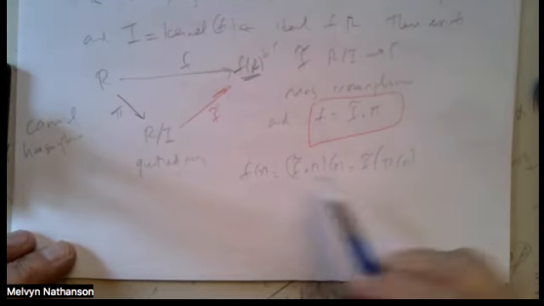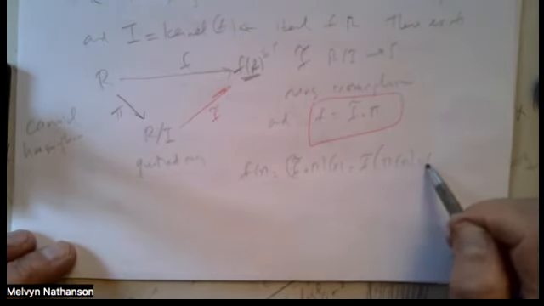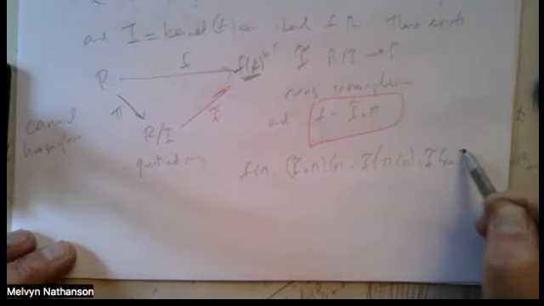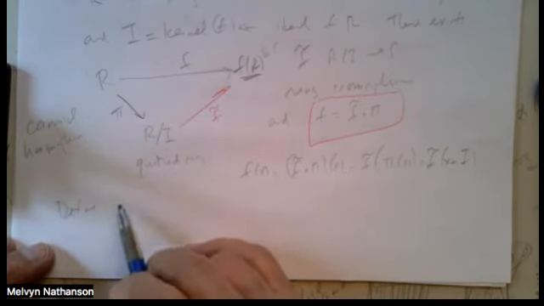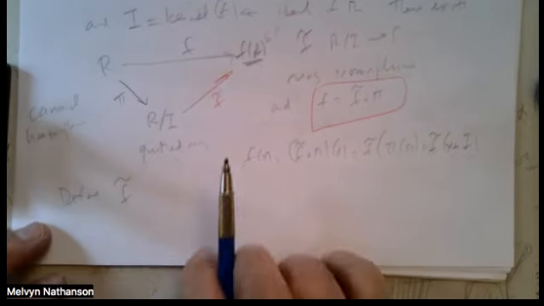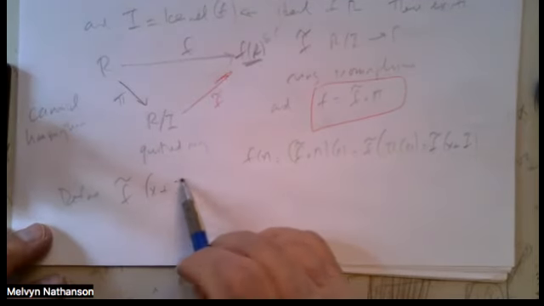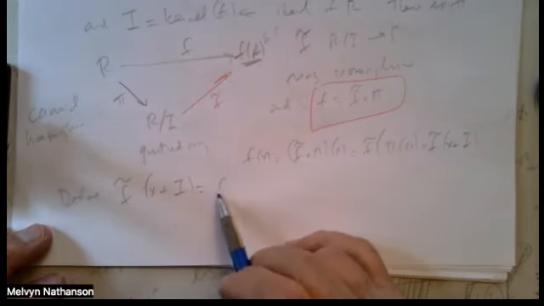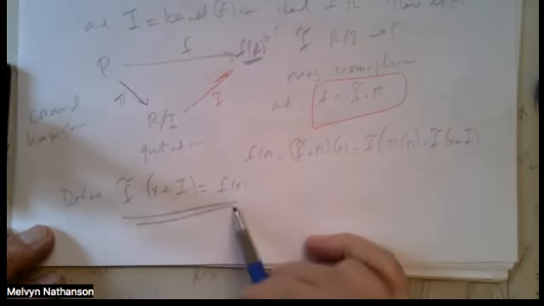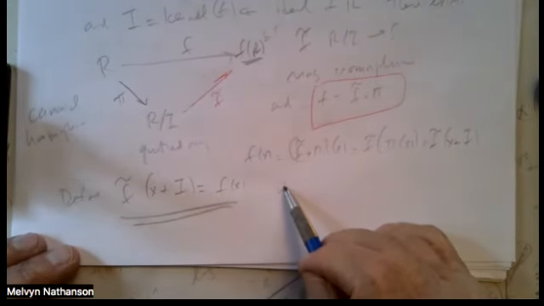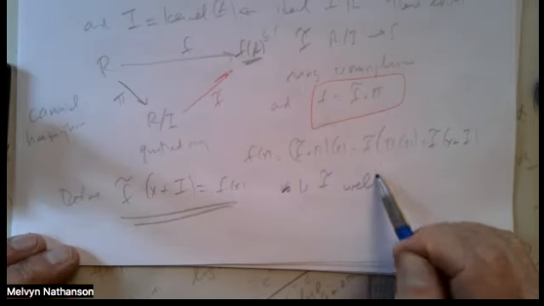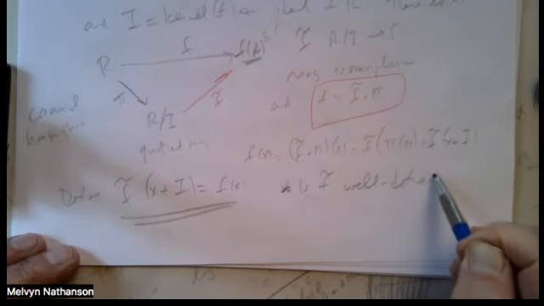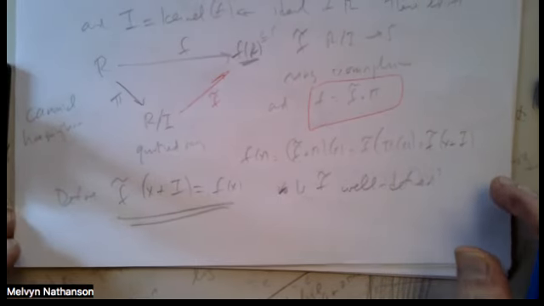But pi of x, that's just the coset x plus I. So we're going to have to define f tilde of x plus I to be equal to f of x. And the first question is, is f tilde well defined?